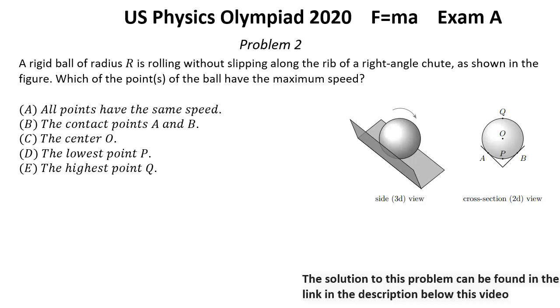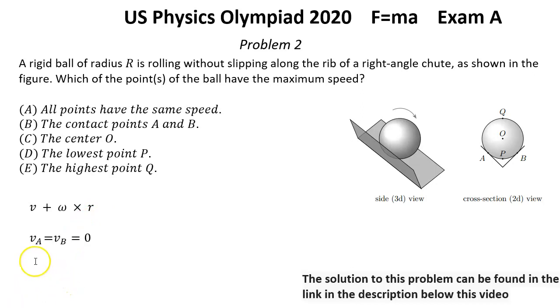Points A and B must be stationary because they are in contact with the rib and the ball is rolling without slipping. The velocity at any point is given by v plus the cross product of omega and radius vector r, where v is the velocity of center point O, omega is the angular velocity, and r is the radius vector for any point.